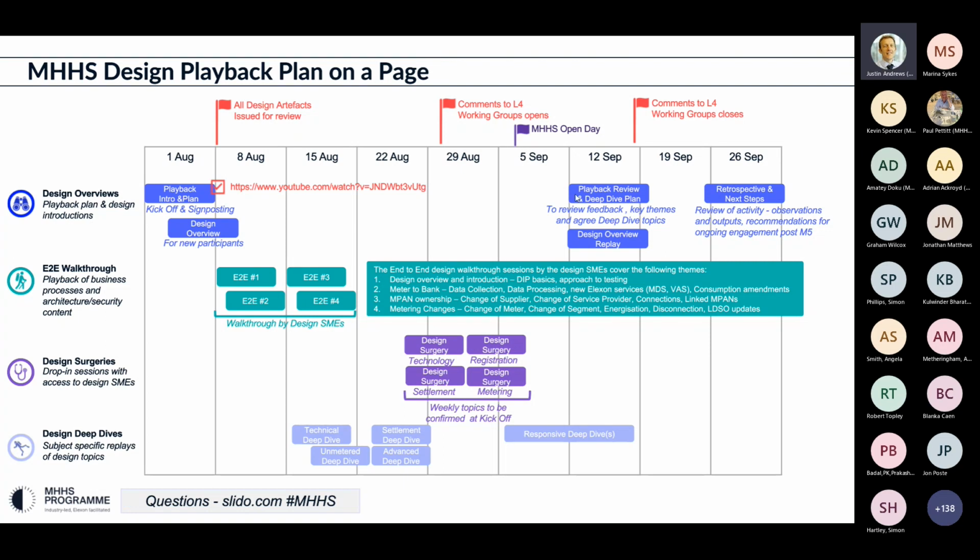So that gives you a flavour of this. We're trying to give you, our customers, the opportunity to embrace the design, understand the design, and provide comments back, such that we can make this a truly robust, comprehensive set of design documents, which will hopefully lead to the successful design, build, test, implementation and migration of market-wide half-hourly settlement.